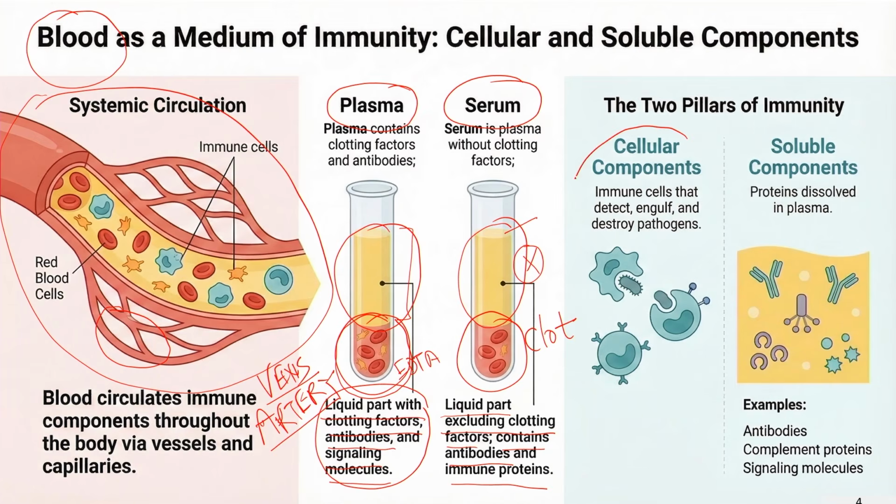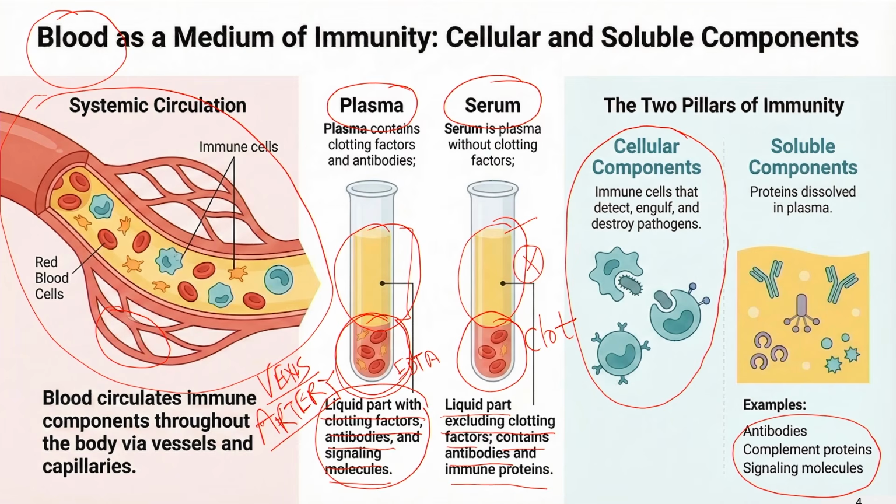So again we have a cellular component containing the cells of the immune system, and then we have a soluble mediator, the soluble components of the immune system such as proteins, which are dissolved in plasma and serum. Some examples are antibodies, complement proteins, and signaling molecules, which we will look into in our further discussion.